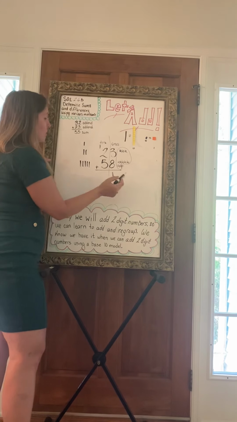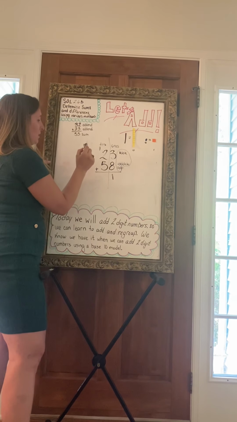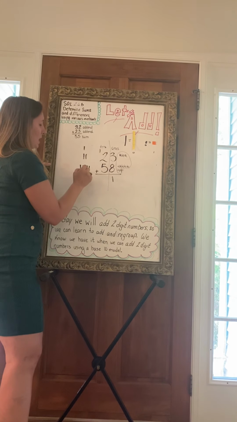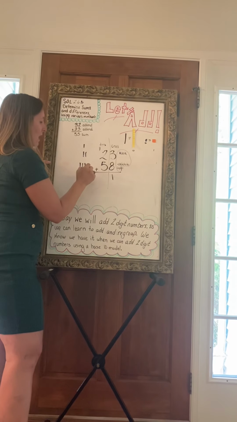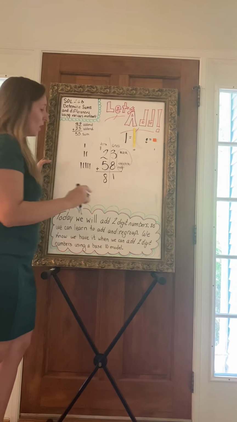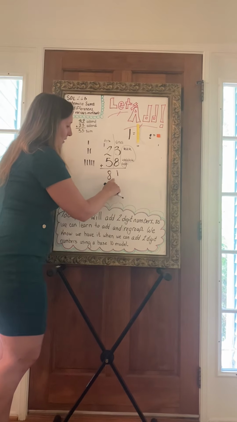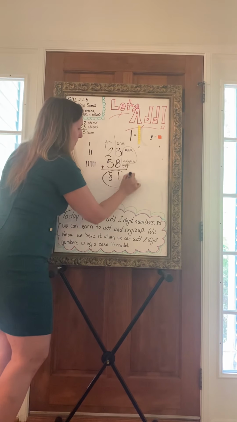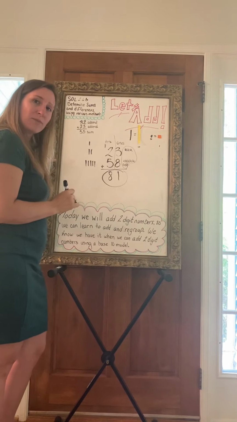And then we can double check our work. 1, 2, 3, 4, 5, 6, 7, 8. We have a total of 8 tens. With our 8 tens and 1 one, we have the sum of 81.